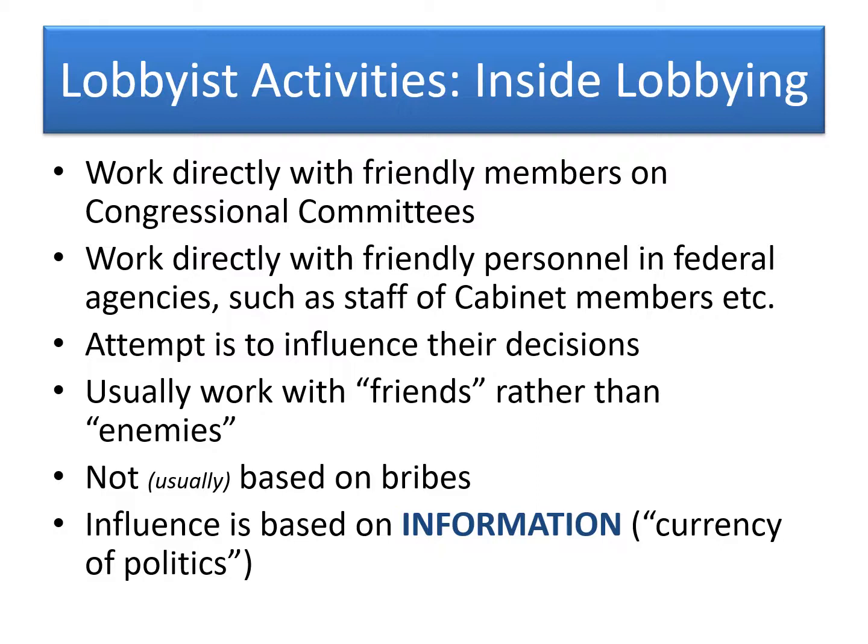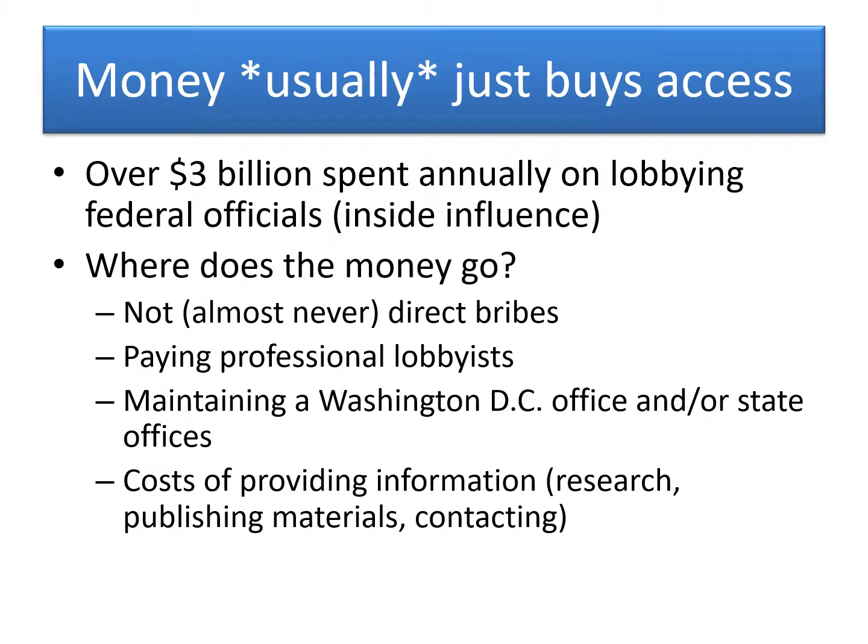And that is what most lobbyists have to give that is valuable to members, especially members of Congress. The money that they spend usually just buys access. The bribery, again, is very, very low, but the amount of money spent is very, very high.